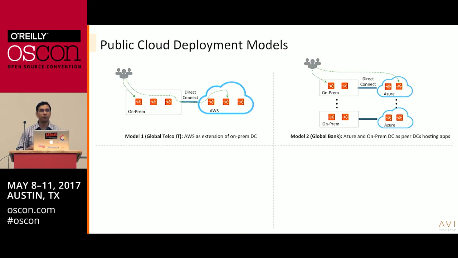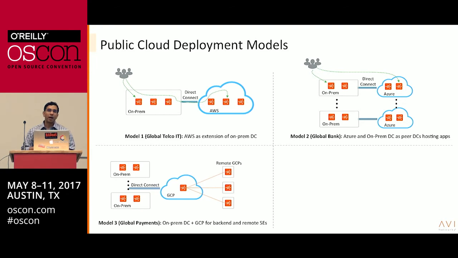This often evolves into a second model, where users are coming into both the on-prem data center that still exists, as well as some regions in the public cloud. Those are the two common evolutionary models, where you start with one and then evolve into two.